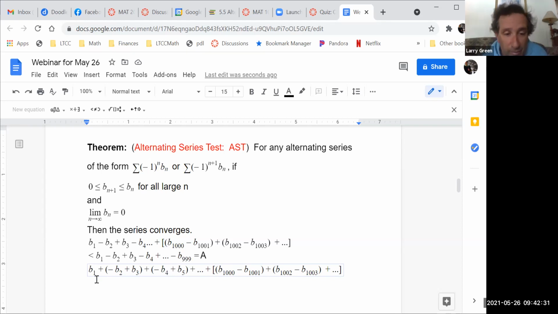So now the idea is I'm starting with B1. B1 is just some finite number. And negative B2 plus B3 is negative. Negative B4 plus B5 is negative. Do y'all see that? So now, instead of 1,000, we're going to be looking at plus 1,001 minus 1,002, negative 1,003, 1,004.